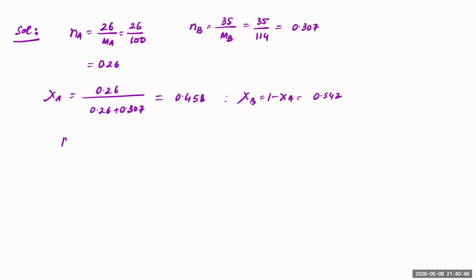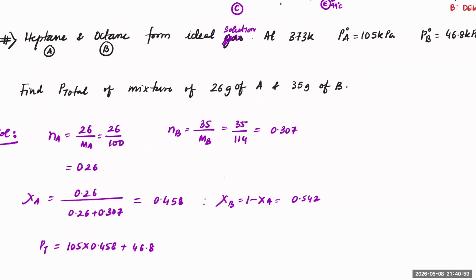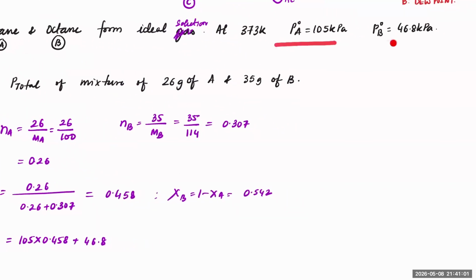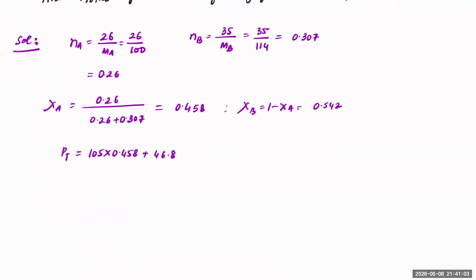So the total pressure will be equal to 105 into 0.458 plus 46.8, which are these P naught A and P naught B values, multiplied by 0.542.